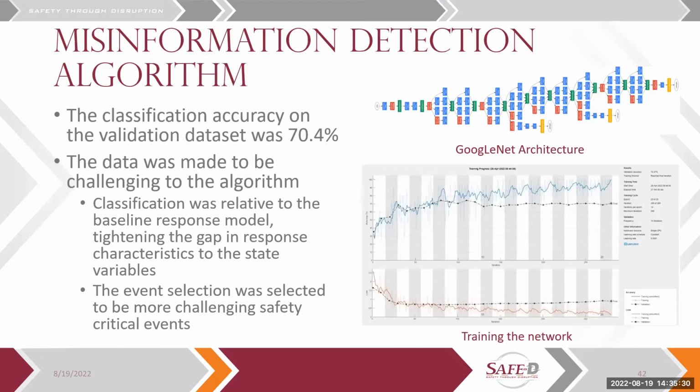So it did make it harder for the neural net to decipher between those 2 classifications. And then also the event selection was deliberately made to be challenging. We selected for safety critical events, a lot of edge cases, and not just baseline vehicle driving down the road scenarios.